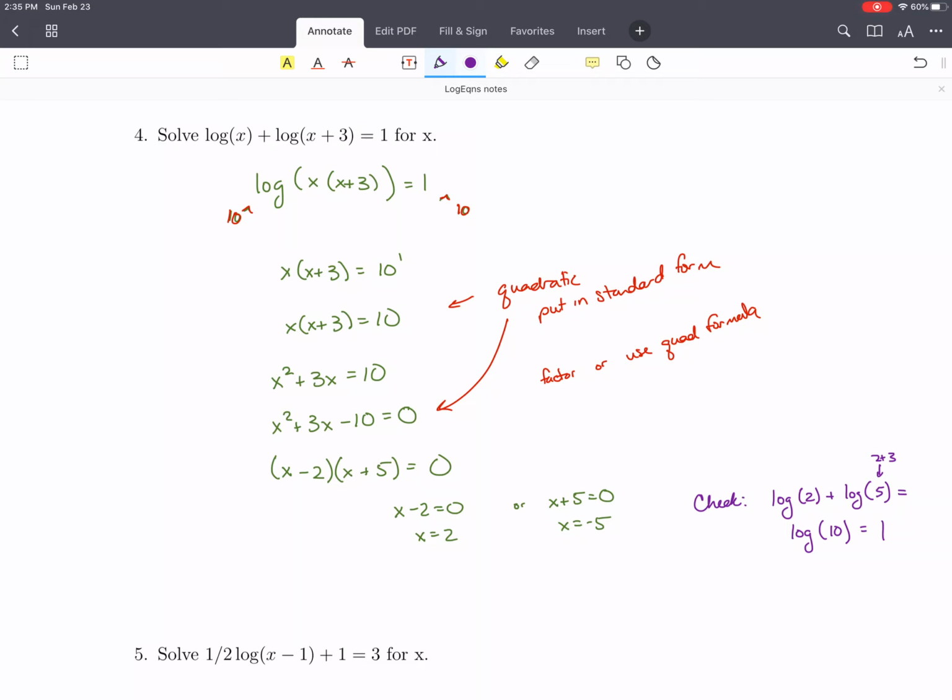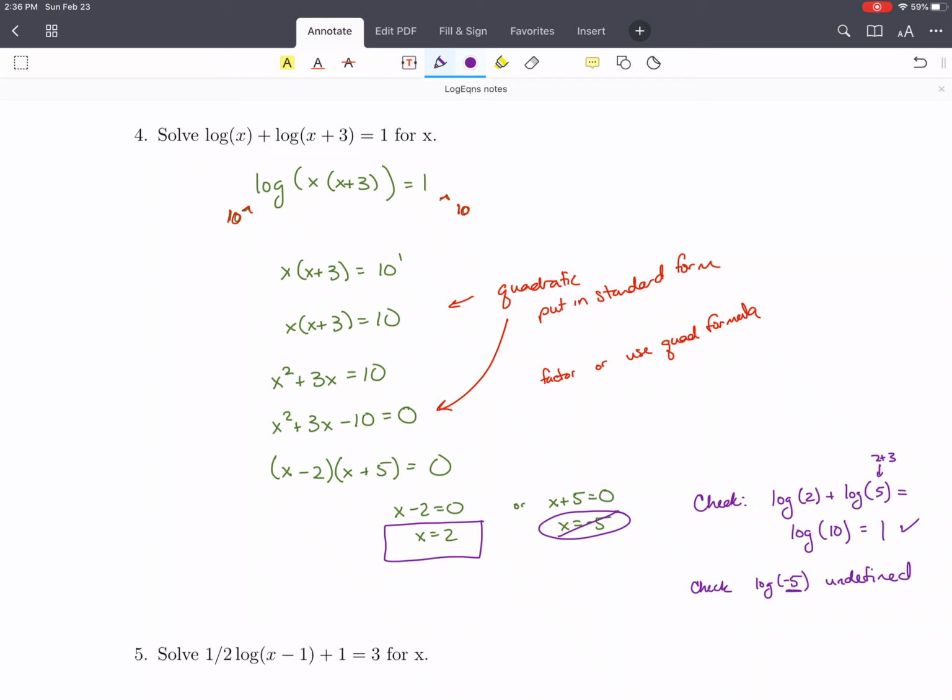Because that's what I raised 10 to give me 10. I raise it to the power of 1. So that totally works. But if I also check -5, I see that there's no power I can raise 10 to give me -5. This is undefined. So we say x equals -5 is an extraneous solution, and my only solution here is x equals 2.